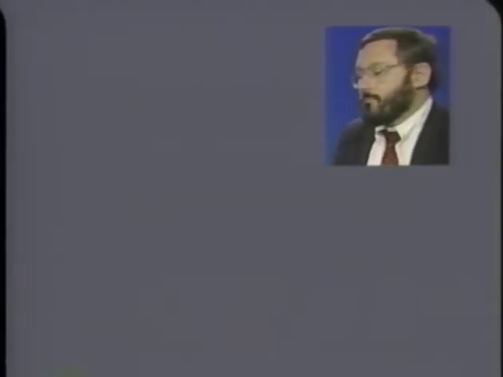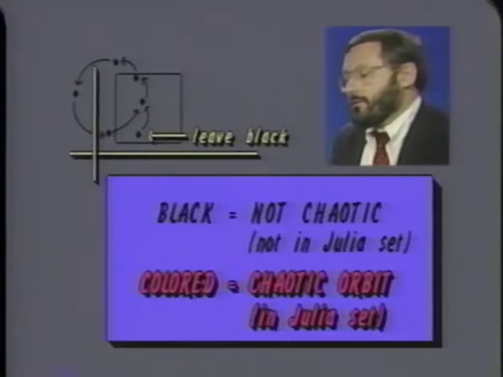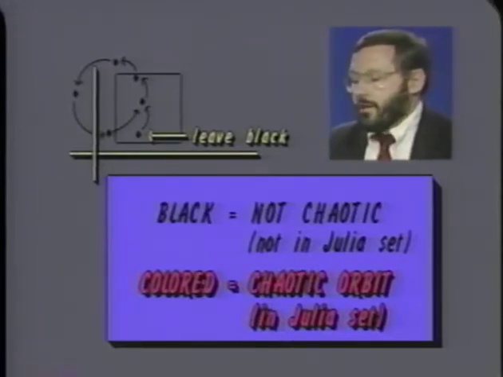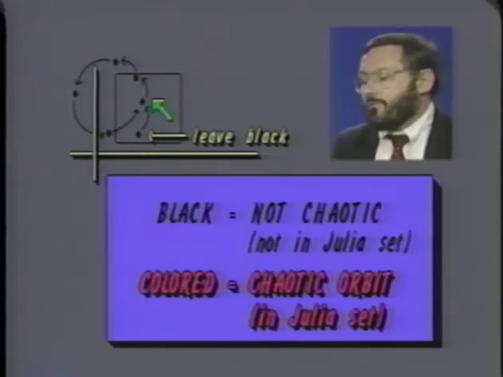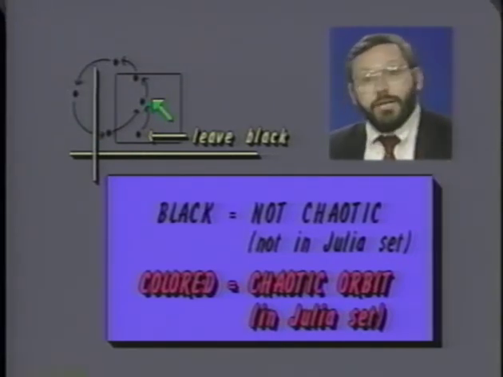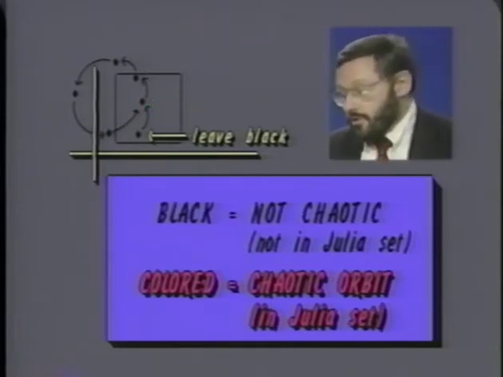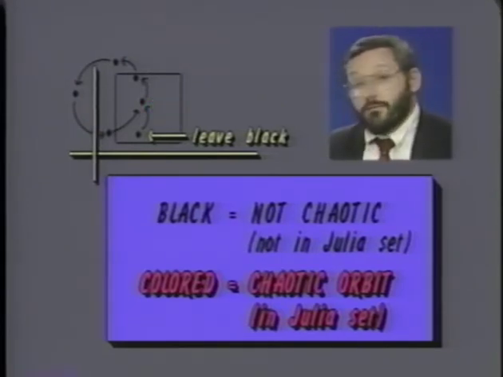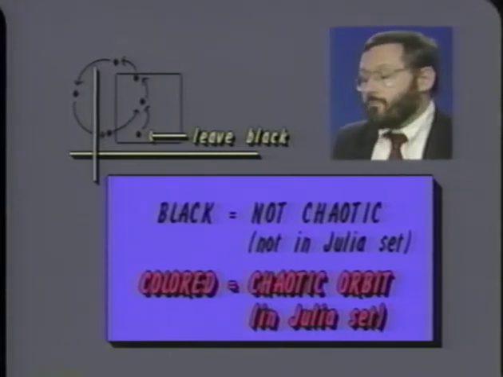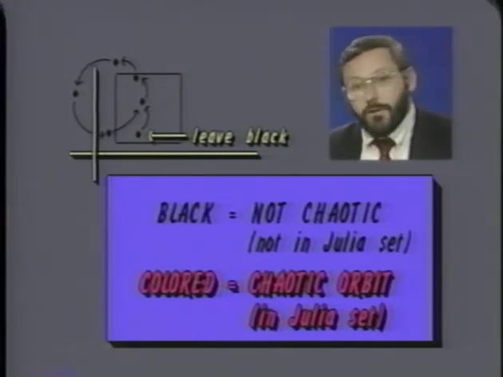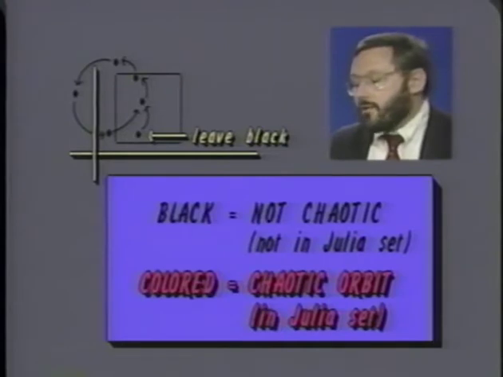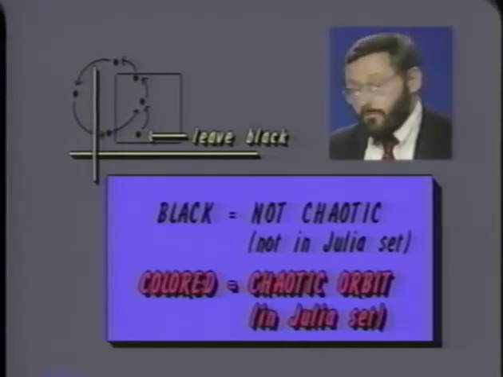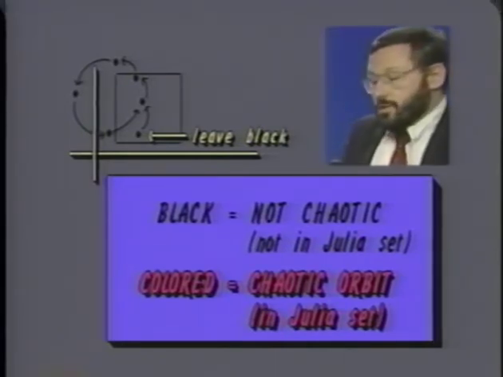On the other hand, if when we iterate this function, we start at a grid point, say here, and iterate and find an orbit that, well, perhaps is periodic, whatever, does not go off to infinity, then, by the amazing theorem, that's not a point in the Julia set, so we'll leave it black. So, black points are points whose orbits are stable. They're not in the chaotic set. Colored points are points whose orbits are unpredictable. They are in the Julia set.